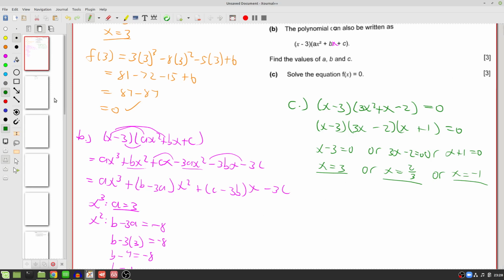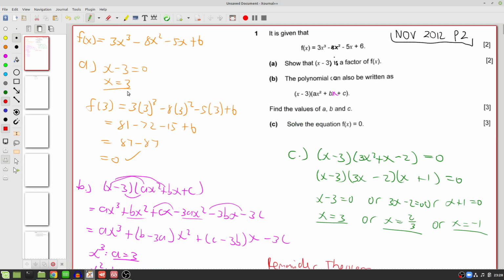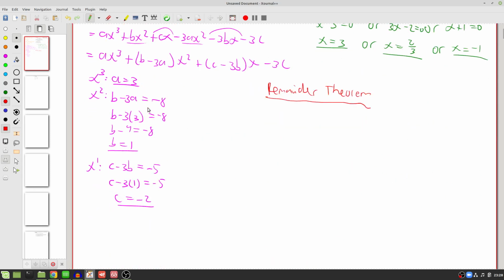Now let's just go back to the remainder theorem briefly. I'm just going to explain this not formally, just the idea that we often use to answer questions like question a. So the remainder theorem just says that if we divide something by something else and the remainder is 0, then we know that thing was a factor.